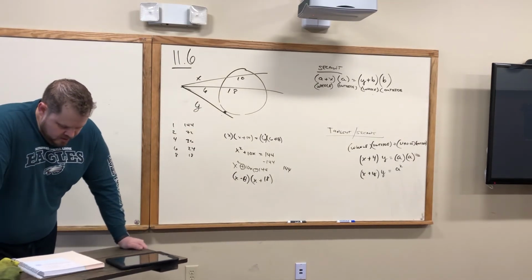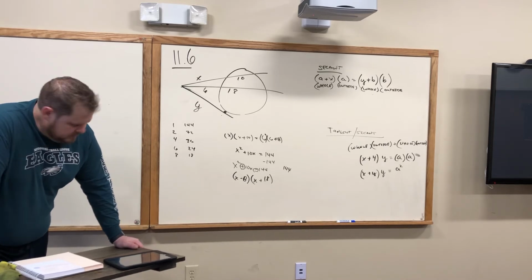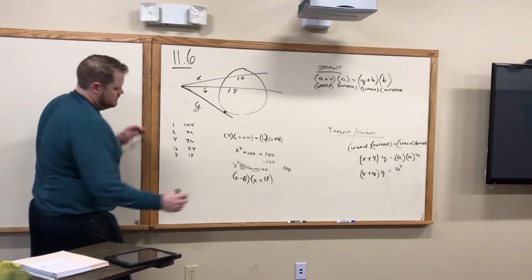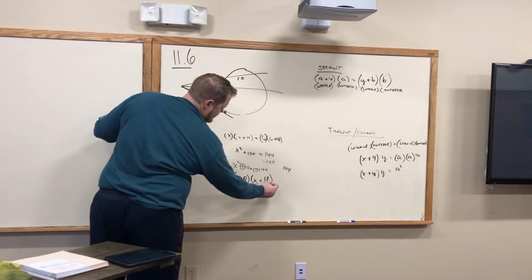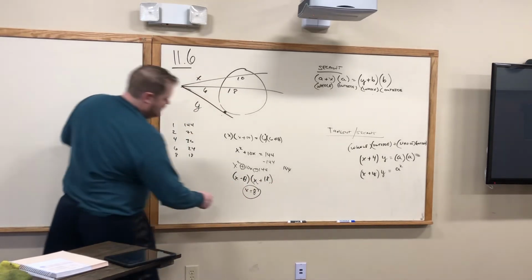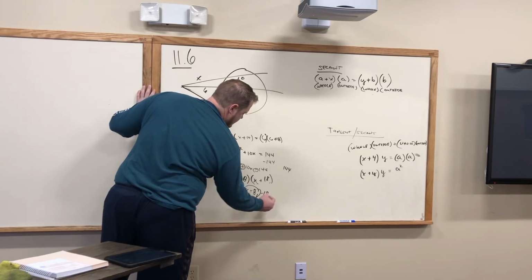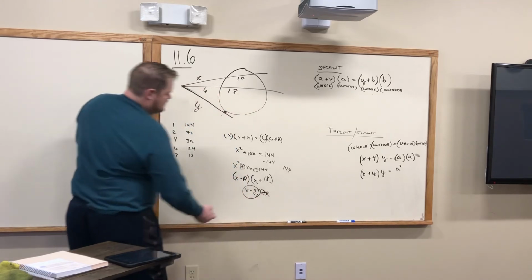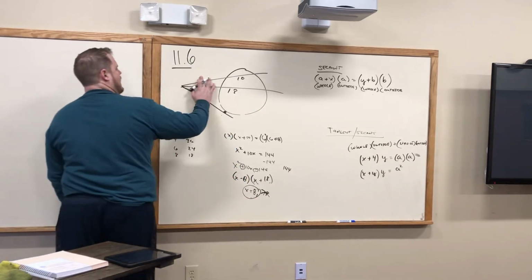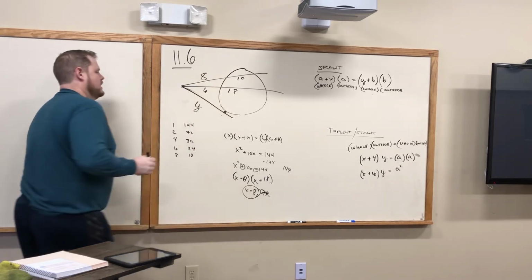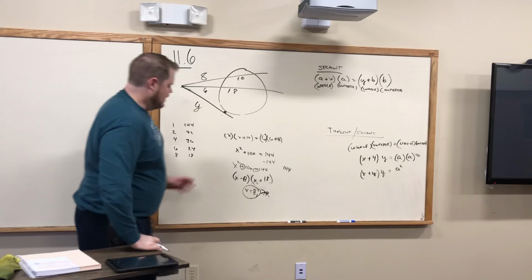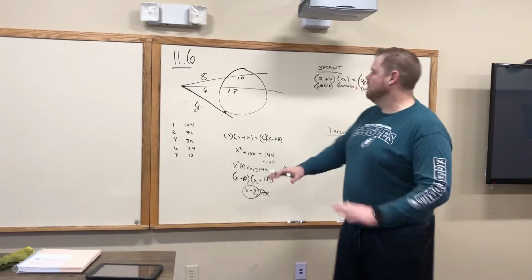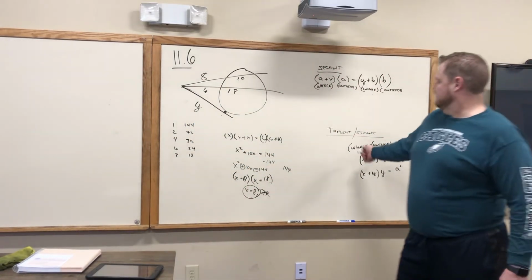So our answer for x is x equals 8, because this is a negative number. Okay? So your answers are 8 and negative 18. So therefore that cancels out and your only answer is 8. So x is 8. Now how would I find y? Well, we can find y the exact same way that we just did over here.